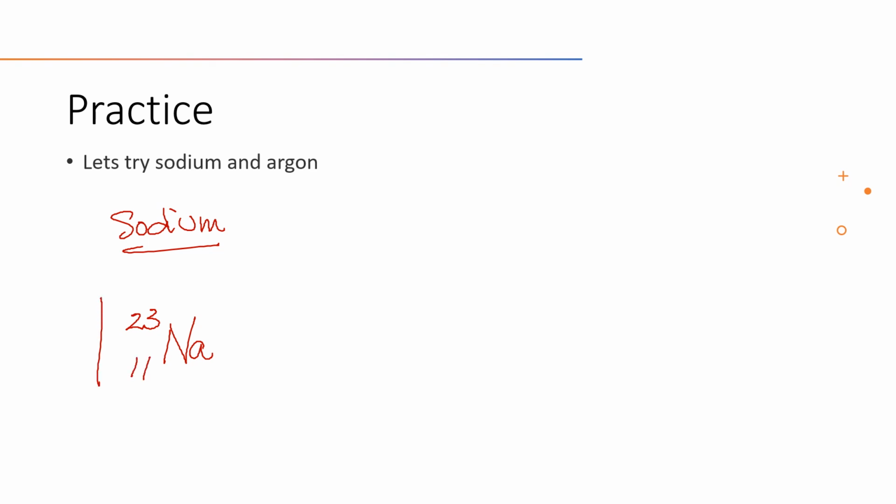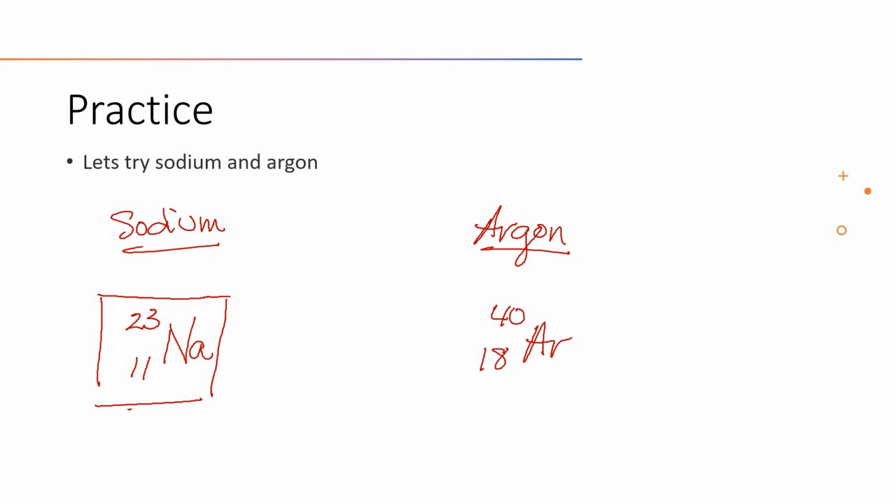So when I need to write out standard atomic notation, that is all I need to write out for that. Okay, so again, if we look at argon, the symbol for argon is Ar, the mass is 40, and the atomic number is 18. So that is going to be our standard atomic notation.